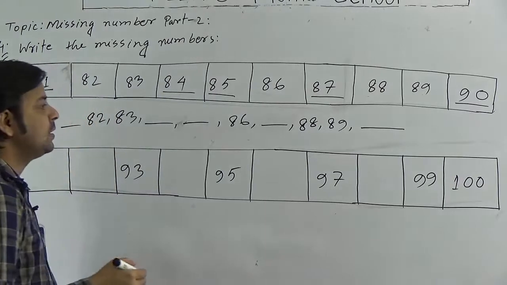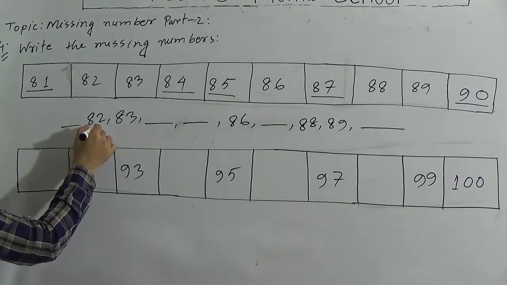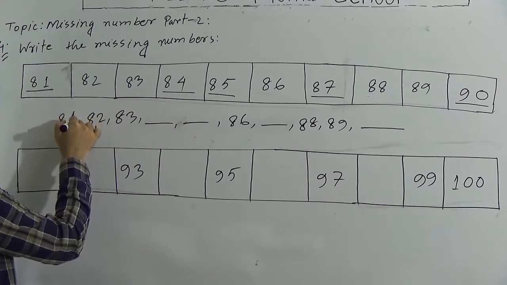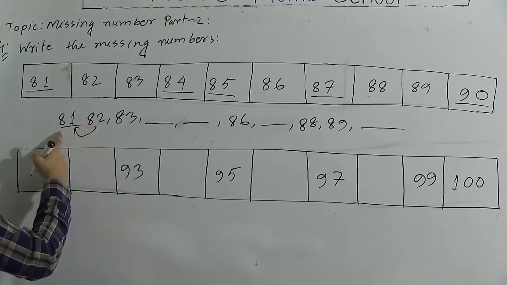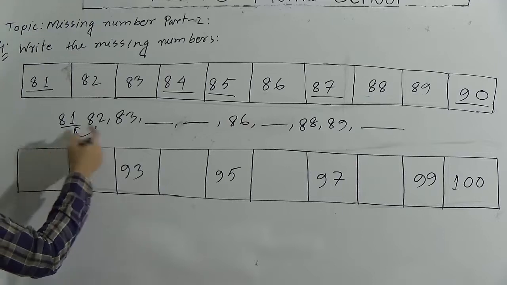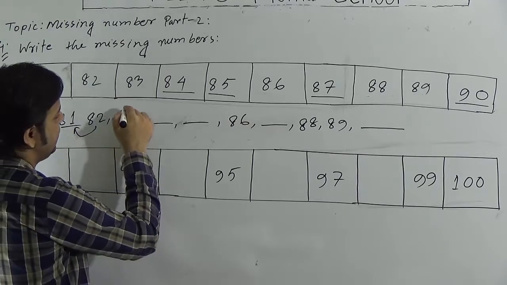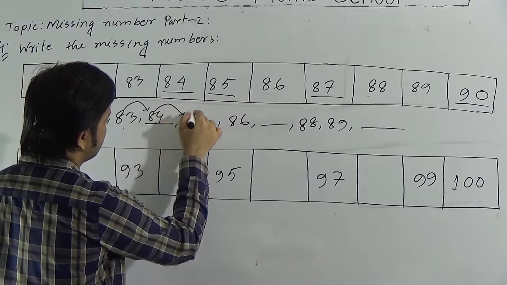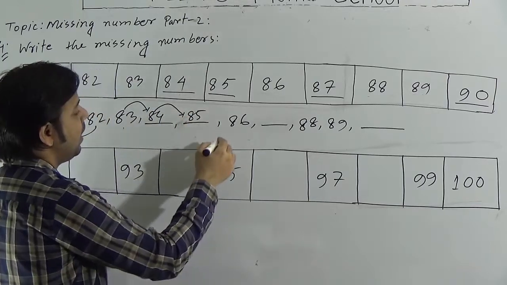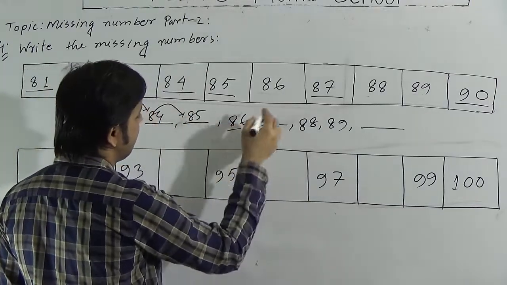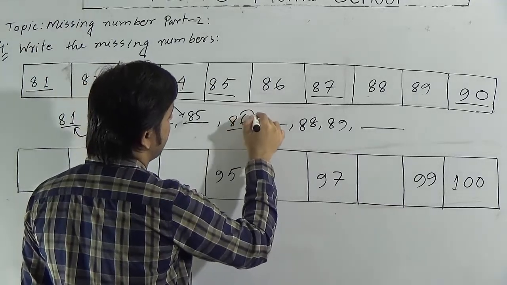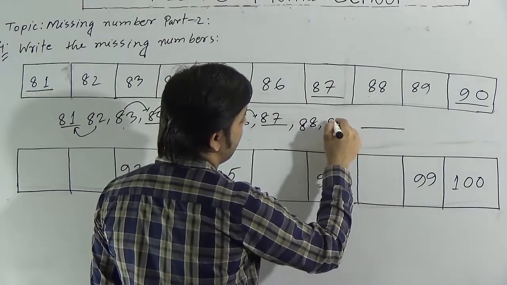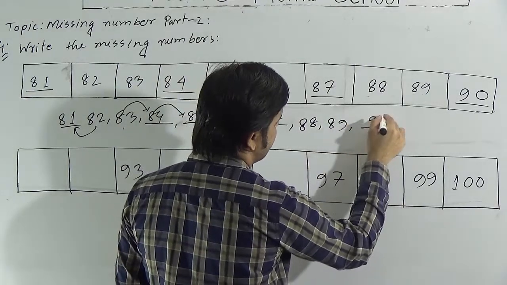Dear students, you know before 82 the number is 81, after 83 the number is 84, after 84 the number is 85, after 85 that is 86, after 86 the number is 87, after 89 the number is 90.